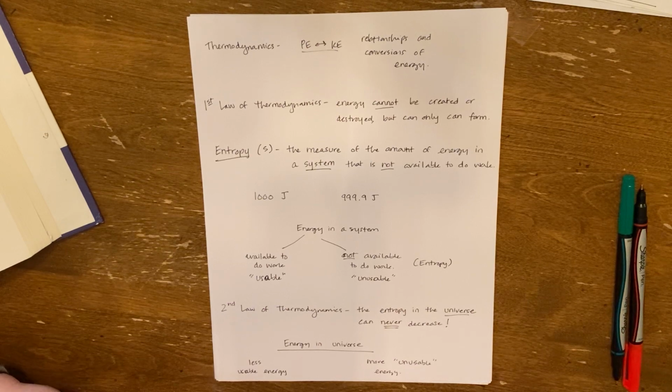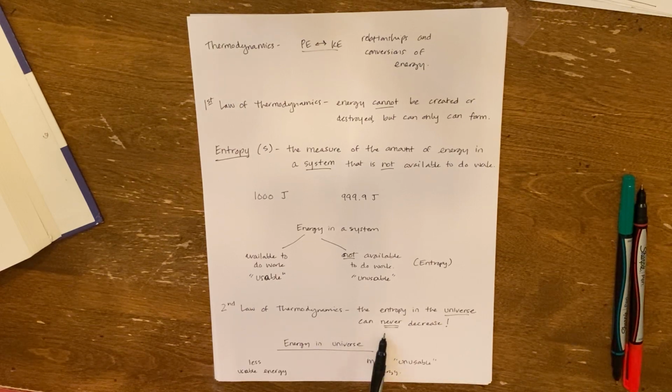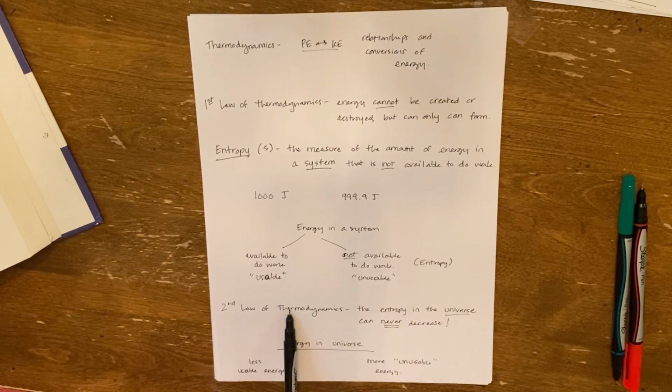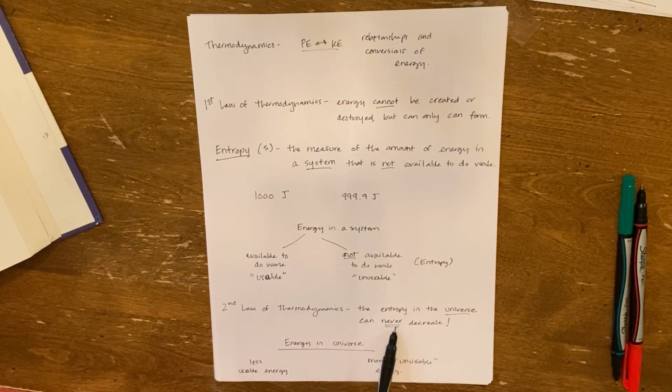Okay? And at some point, life is going to cease to exist because of this. There just simply won't be enough energy left to do work. Okay? So things will never become more organized. They will always either stay the same or decrease. All right? When we're talking about the universe as a whole.